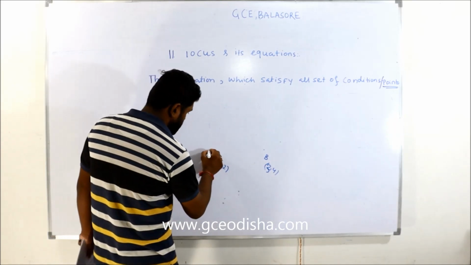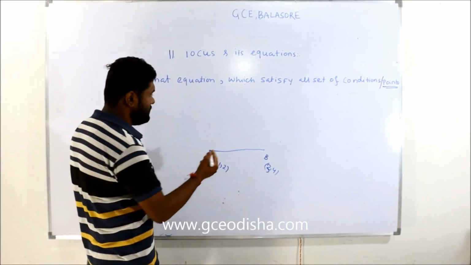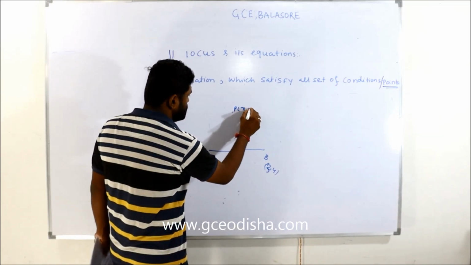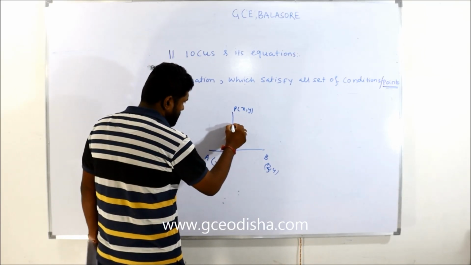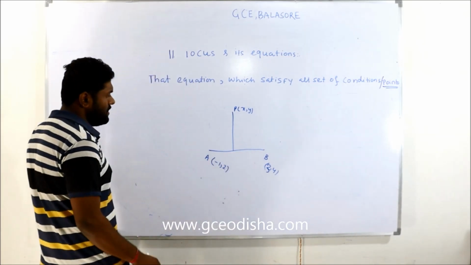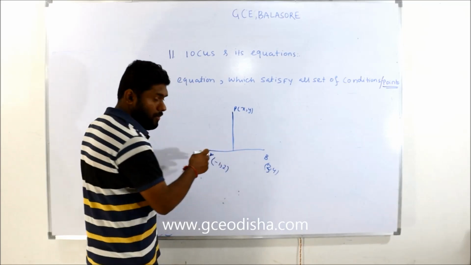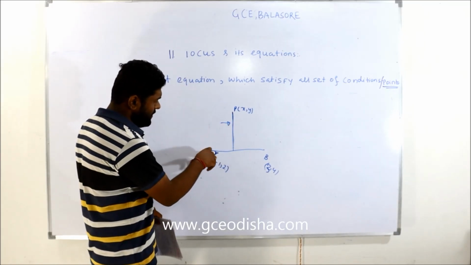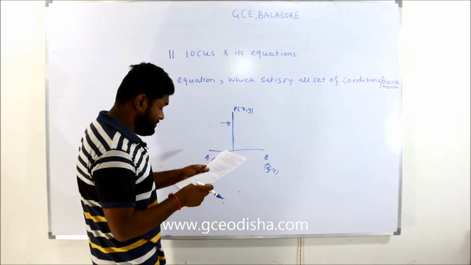This is the line joining A and B. Let the point be P (x, y). This line is the perpendicular bisector of the line AB, right?